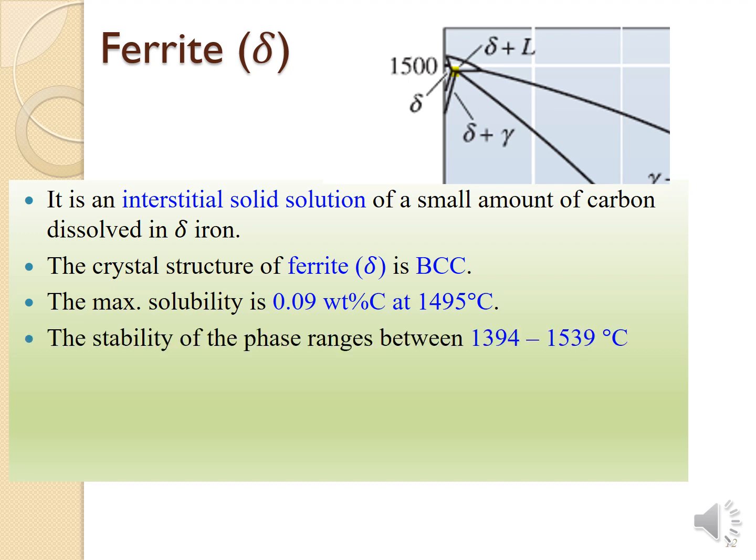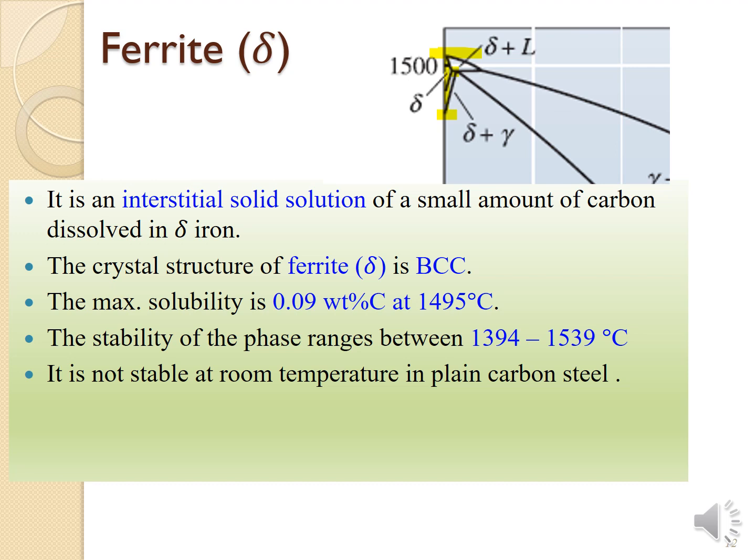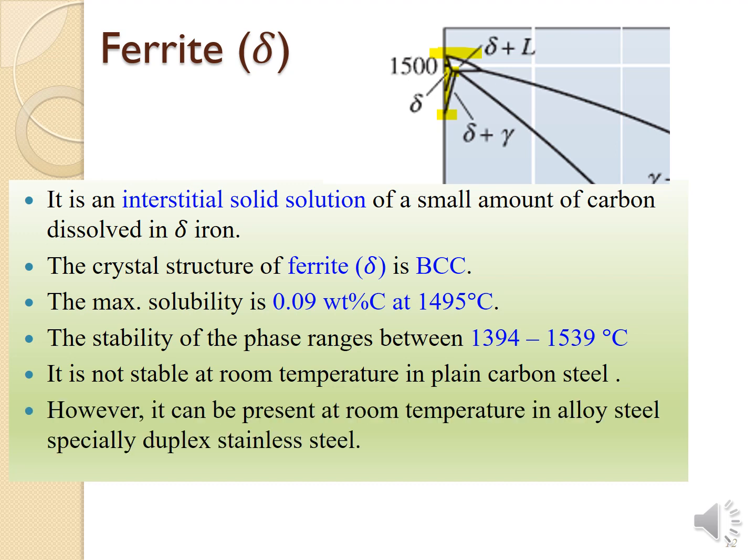The stability of this phase is only over this temperature range, 1394, that's the temperature over here, and 1539, that's the temperature over here. That's the stability range of this phase. So that means it's not stable at room temperature in plain carbon steels. However, we can do a special treatment so it can be present at room temperature in alloy steels, especially duplex stainless steels.